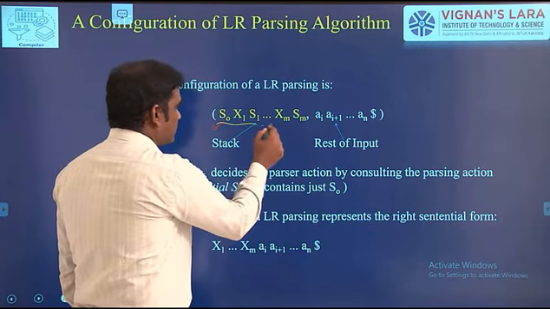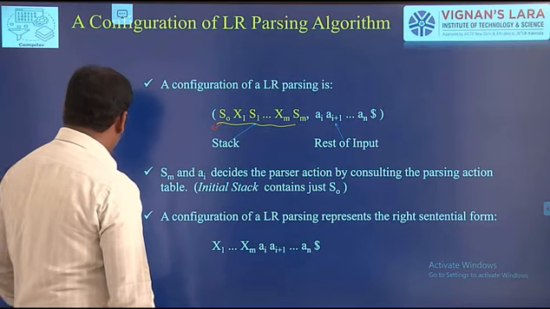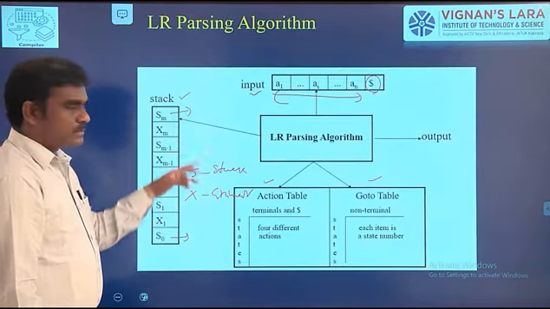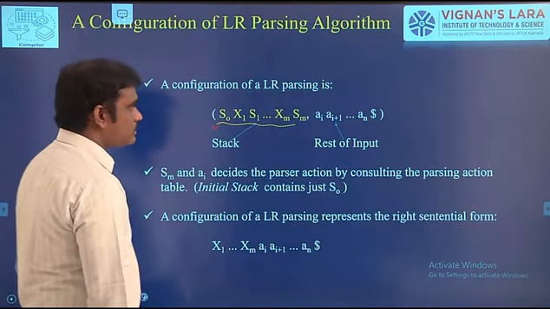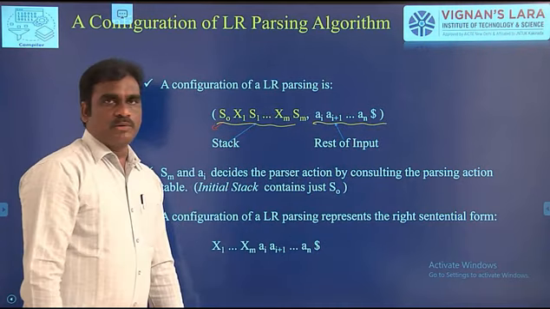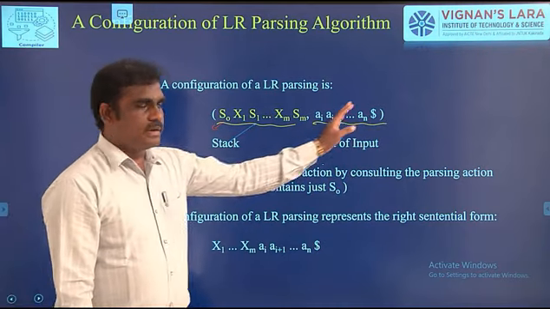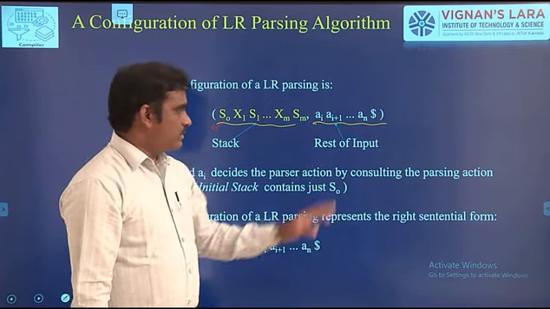This part is the stack. And the next one is the input. This part is the input: A1, A2, and so on, An, followed by dollar. So stack and input.